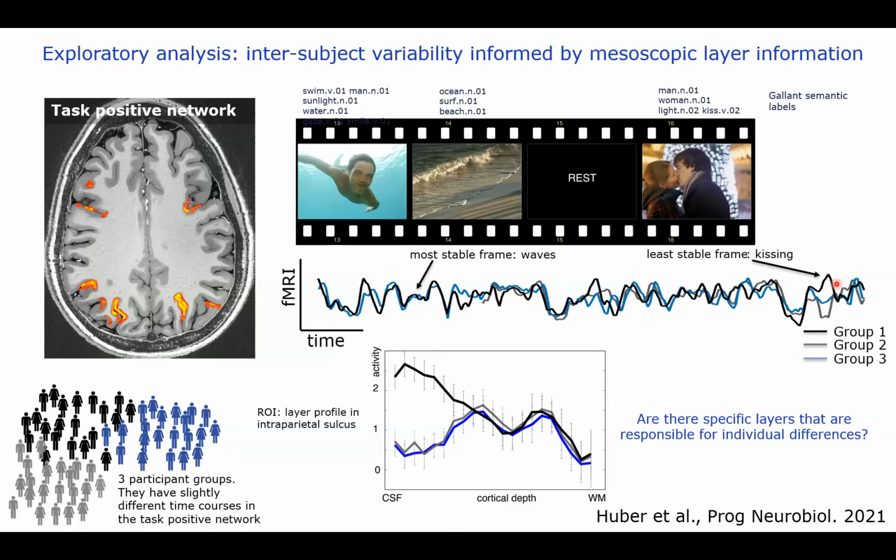Actually, the separation was based on the similarity of the time course. We can really see that when the group of subjects go to basic visual inputs, they have more stable, more consistent dynamics of these fMRI time courses. But in other frames, for instance the kissing scenes, you really see inconsistent behaviors of these fMRI activities across different groups.